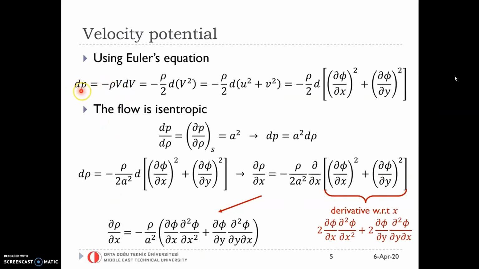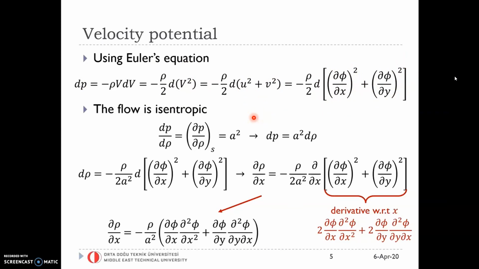The first thing I do is start with Euler's equation and write it in an alternative form instead of the resultant velocity vector. As I'm working in 2D, I use the u and v components of the velocity, and then I can represent them in terms of velocity potential, as you can see here. Now I have one assumption that was already implied but not said explicitly. My assumption was that it was inviscid flow.